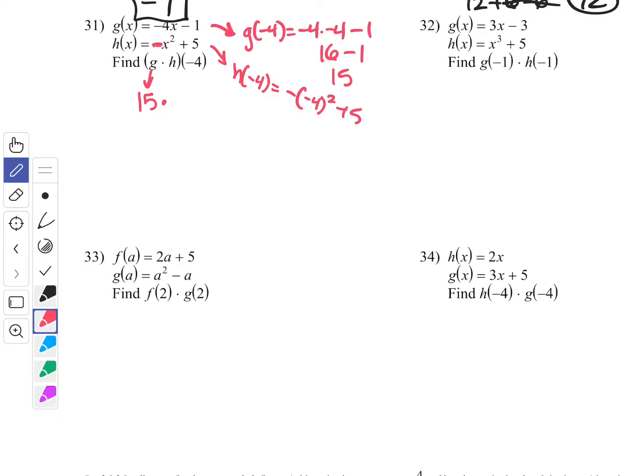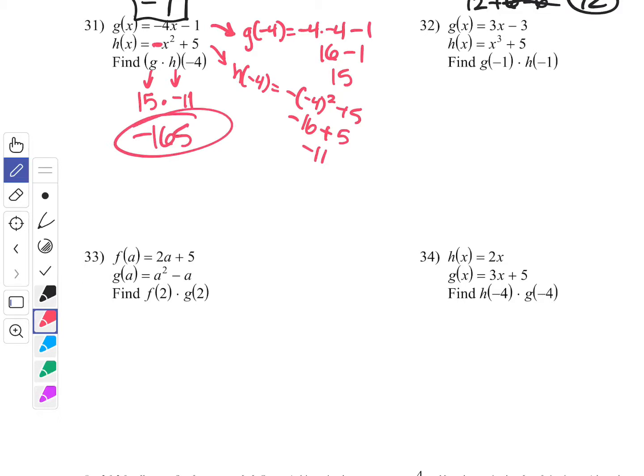So that negative is outside the x squared. So negative 4 squared is 16. Bring that negative. Negative 16 plus 5 is negative 11. So h is negative 11. So then I just have to simply go 15 times negative 11, and we get negative 165.